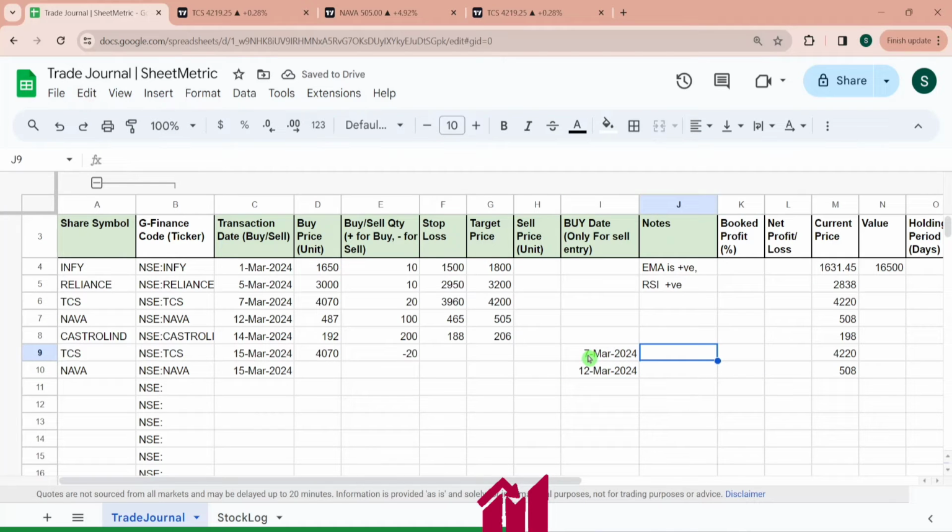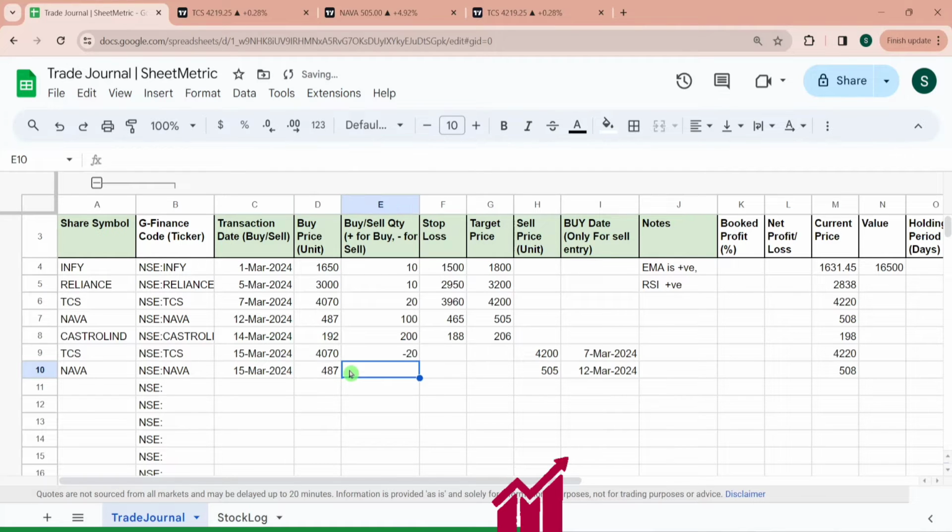So now what has been the booked profit percentage? I need to write the sell price for all these. For TCS, we sold at 4200, and Nava we sold at 505. Here Nava has been purchased at 487, and let's say we did only a partial sale on Nava. Out of 100, we did only 50, so we would be doing minus 50.